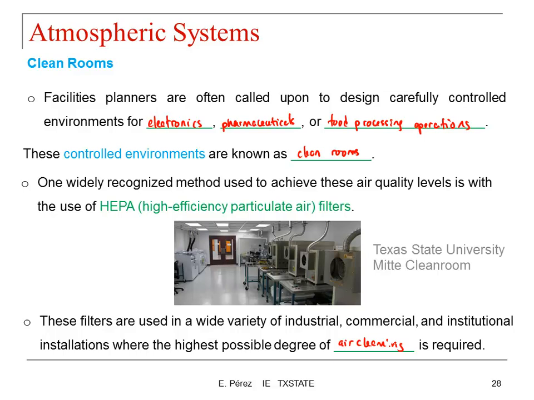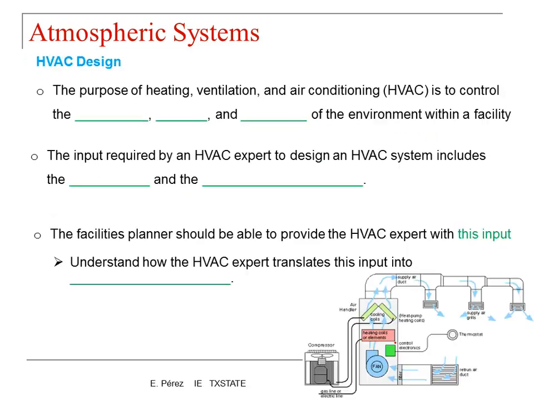So air quality is very important. You need to have a way to keep the facility within a temperature, and also move the air from outside to the inside and the odors outside the facility.